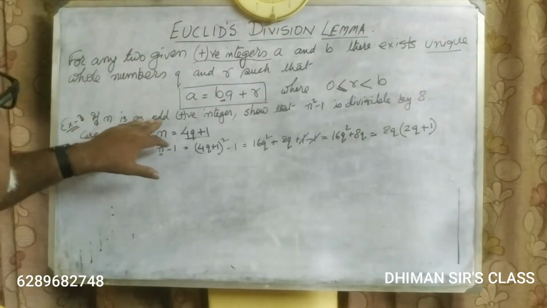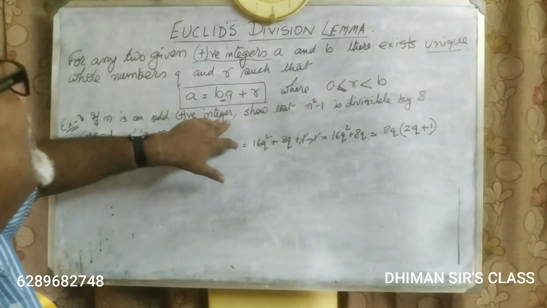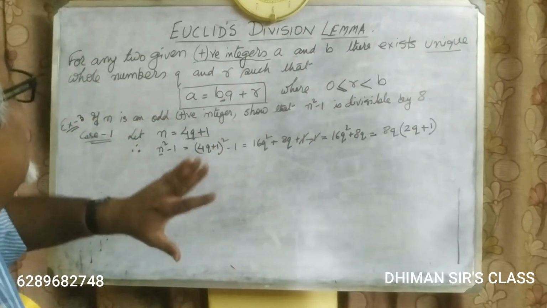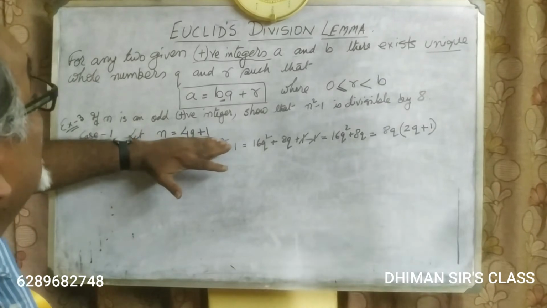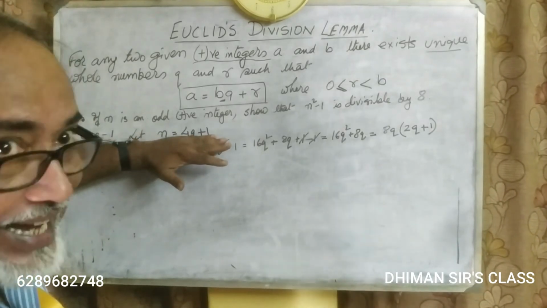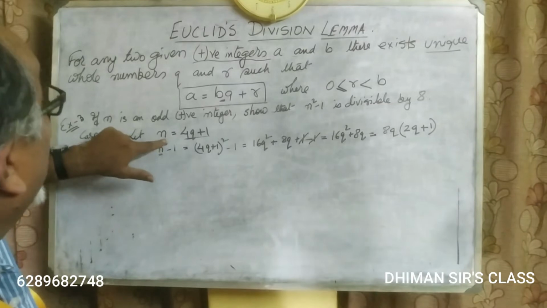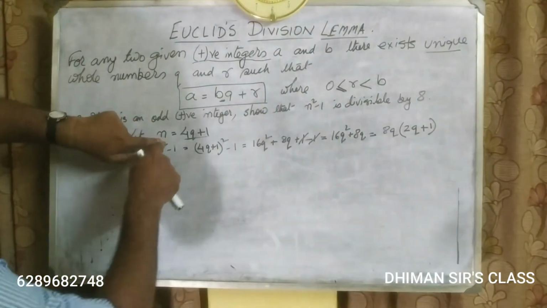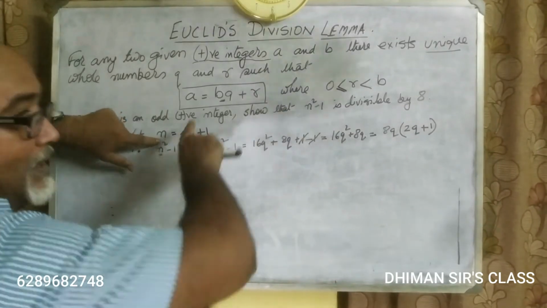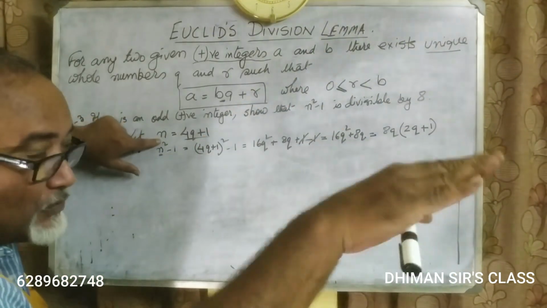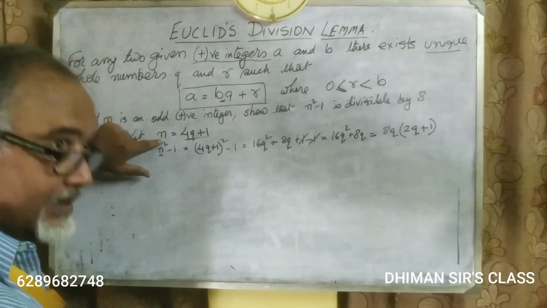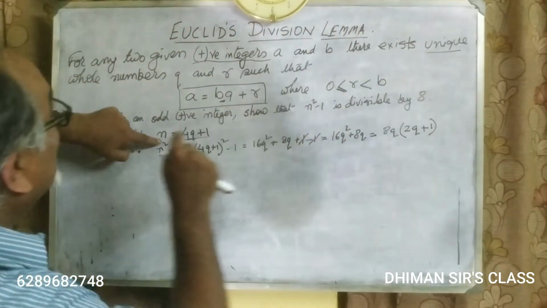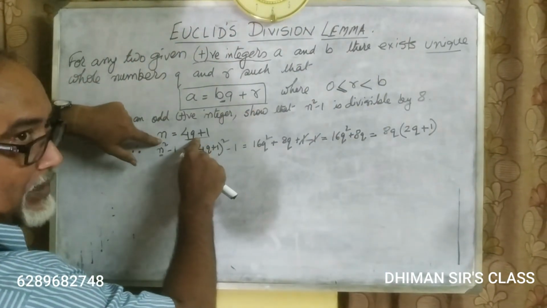If n is an odd positive integer, that means 4q plus 1 is taken as the odd positive integer n. They are telling in the question n, but we are taking the value of n as 4q plus 1 because we know that the 4q plus 1 formation is always odd. That we proved in our previous example. So n is equal to 4q plus 1.